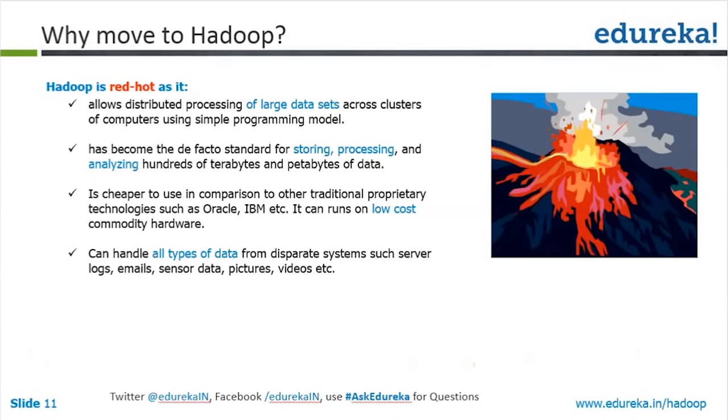So earlier, people using distributed computing, instead of focusing on how to get insight from the data, used to focus a lot on how to recover in case of failure. That took a lot of effort, and that's what Google also faced.